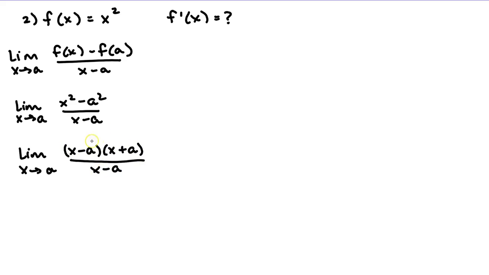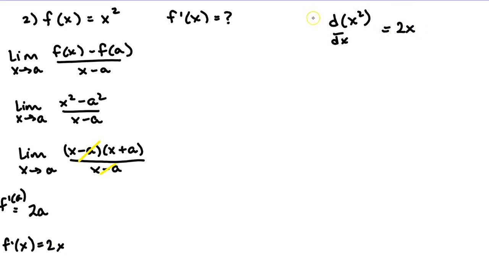And then we can cancel the x minus a's. And now if we put a in for x, we get a plus a, we get 2a. So that's f prime of a, so f prime of x is 2x. So the derivative of x squared with respect to x is 2x.